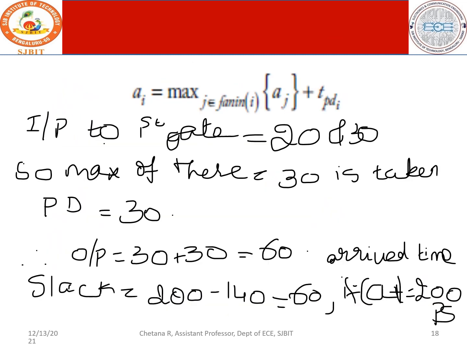Next, there is also one condition. The input to the first gate is, as I have told, the propagation delay. Now, if your arrival time is 200 picoseconds, what is the slack? We will consider the same circuit again and understand.